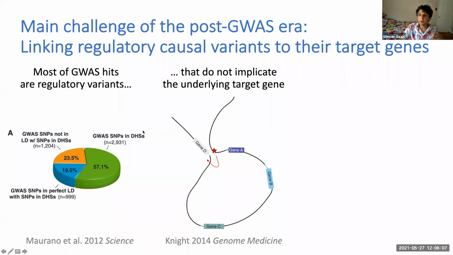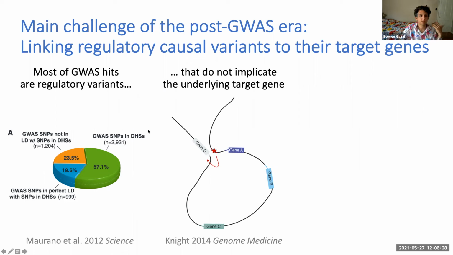So really the main challenge for what I call this post-GWAS era, which is trying to interpret all these GWAS hits, is to link these regulatory causal variants to their target genes. And this is a tough question.